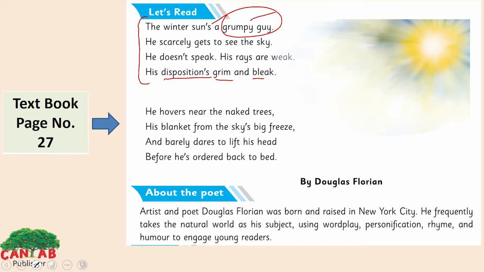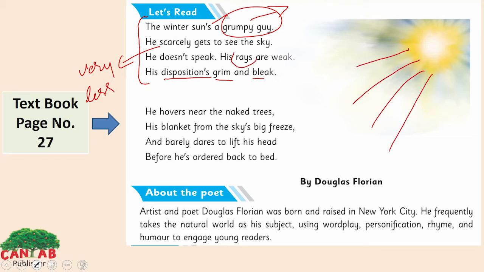Grumpy means angry here. Scarcely, very less. His rays, look at the rays, the sun's rays are weak when there is severe winter. Dispositions grim and bleak: his look is grim, which means sad, and bleak, which means cold and dark.